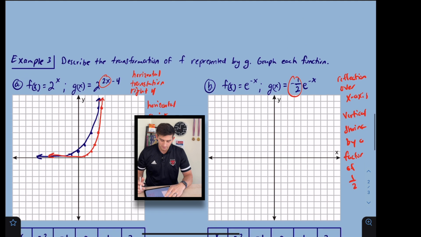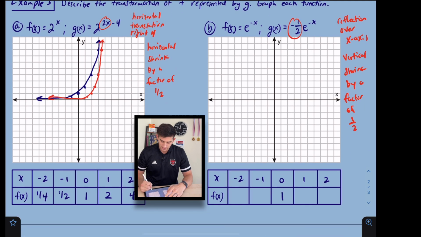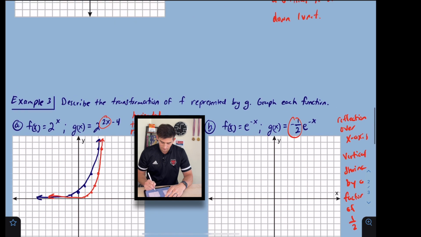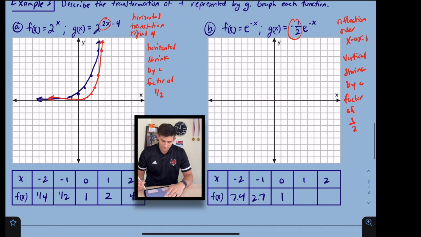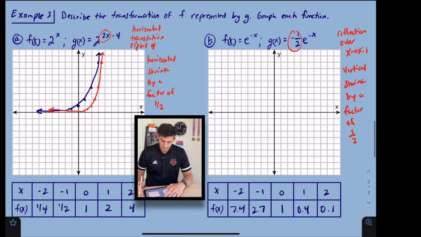So I'm going to kind of go back and forth to fill out this table here. We still know anything to the 0 power is 1. But now this would be 2.7, this would be 7.4, and then we'd have 0.4 and 0.1, okay? All right, and if you kind of got lost on that, just plug it in your calculator and you can go to your table of values on the calculator and check that out.